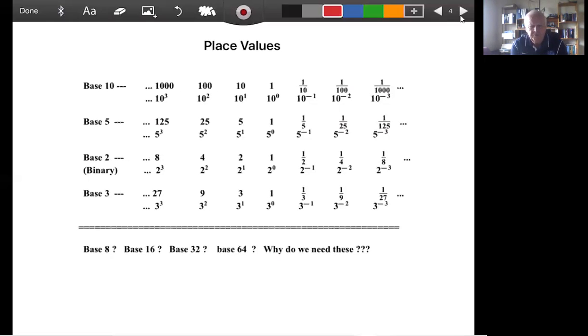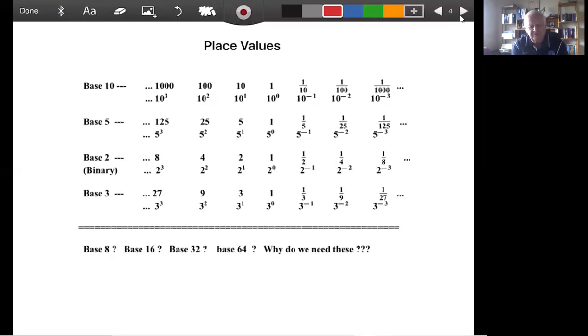Base 2 is the same thing as base 5 and base 10: ones place, twos, fours place, eighths place, and likewise the 1/2 place, the 1/4 place, and the 1/8 place. And then I'll put down base 3 as well. But if you notice, in all the bases the ones place is always the base to the power 0, which of course gives us 1.